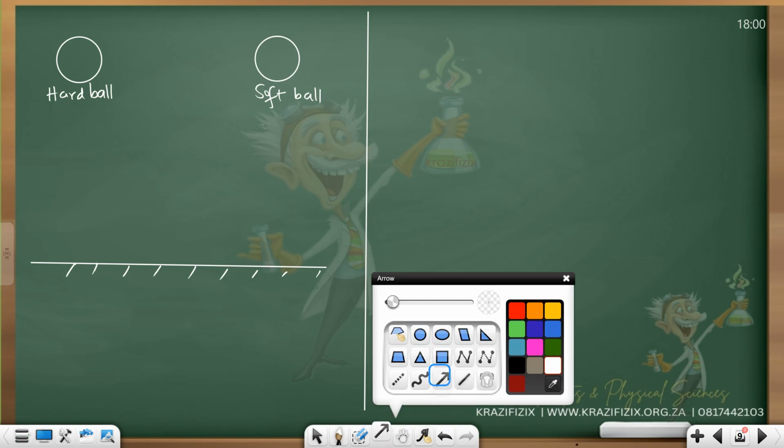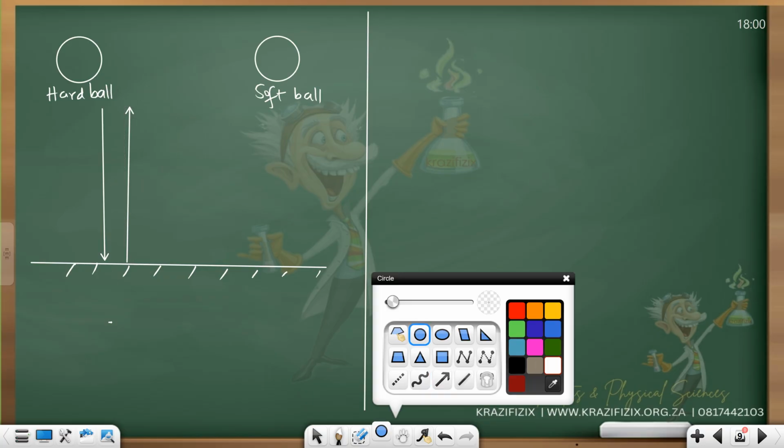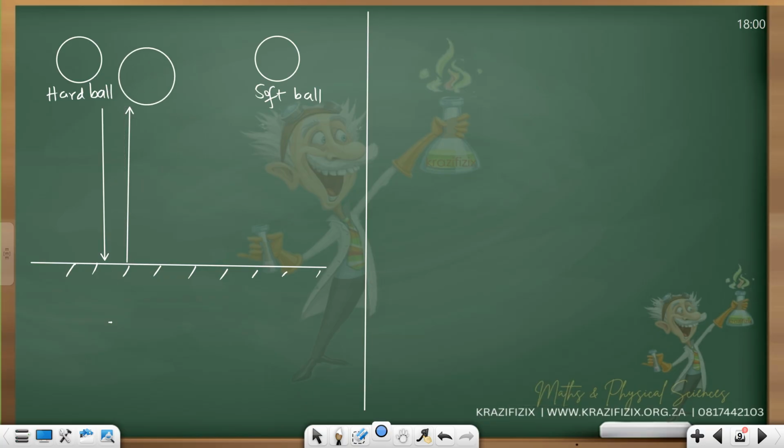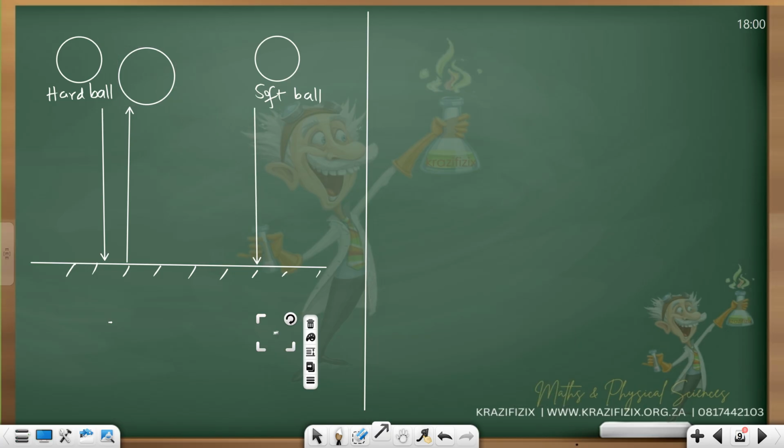When the hard one hits the ground, it will bounce up quickly and actually almost reach its original height. But the soft one, and I'm going to quickly explain that, so these are applications, might just reach here.